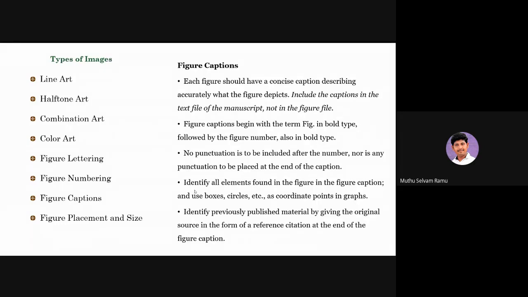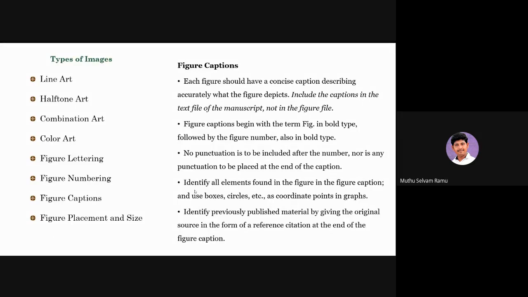A person who is looking at your picture should understand what might have been included in the text. So it should be self-explanatory. It should stand alone. These are the things you have to keep in mind while giving a caption to the picture.